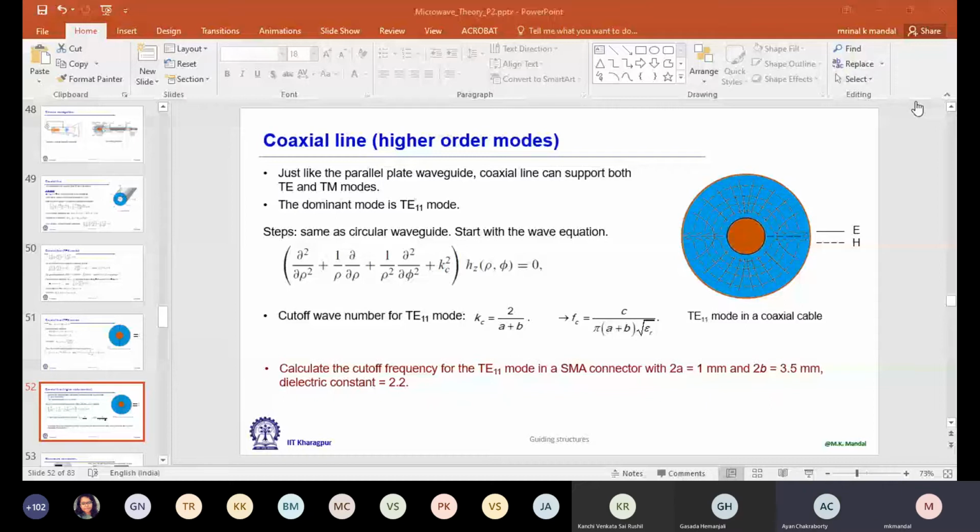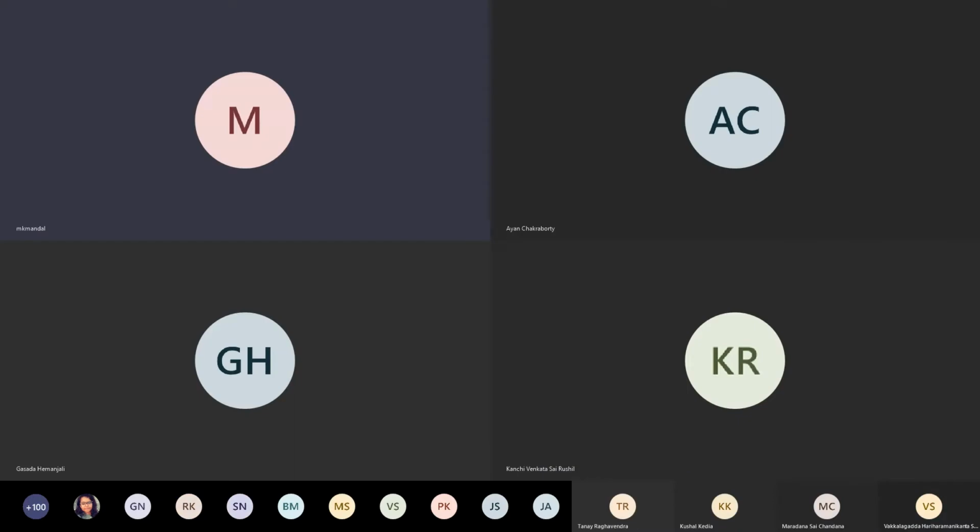So 28.6 gigahertz. No, it won't be that high. Most probably you did not divide by the square root of epsilon r. So 16 megahertz.